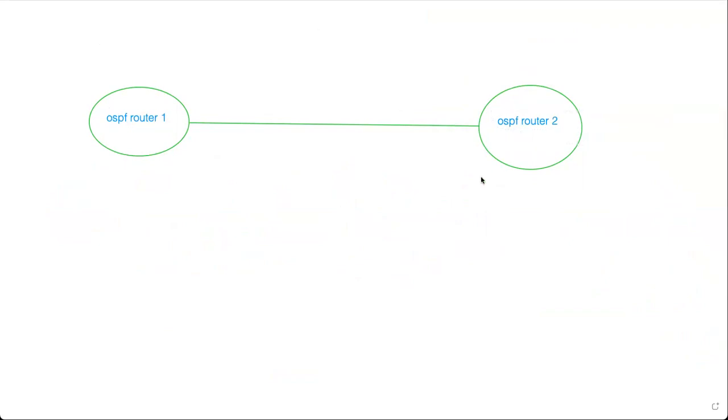OSPF router 1, OSPF router 2. Okay. So it has to pass through 7 states.